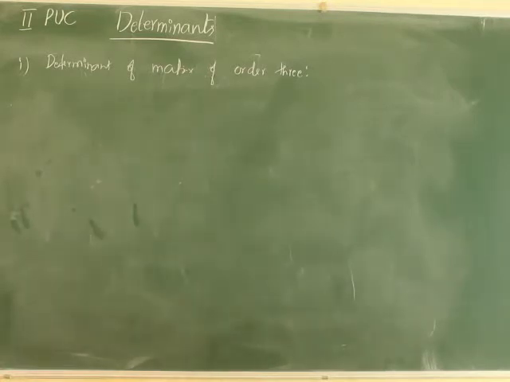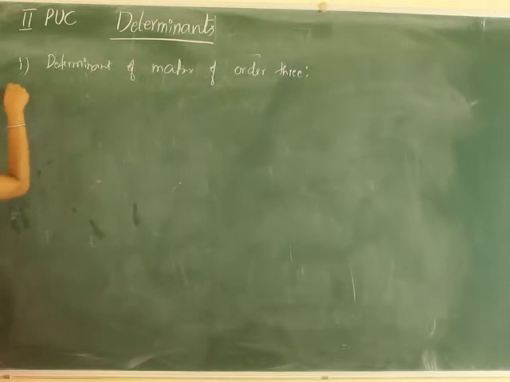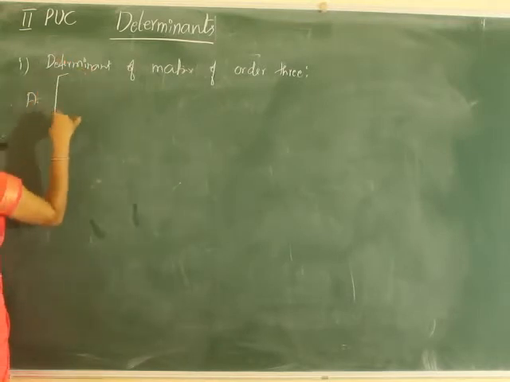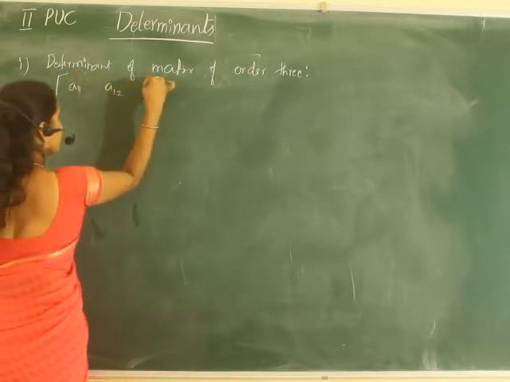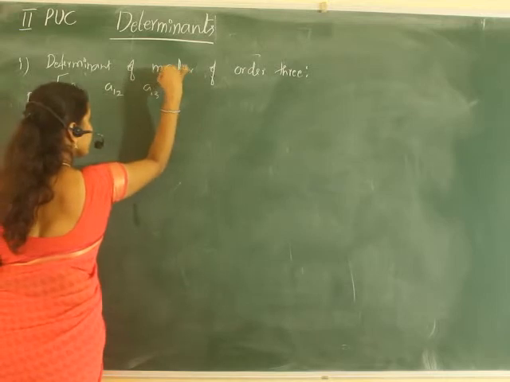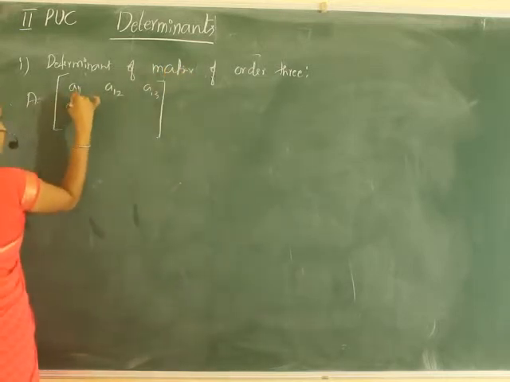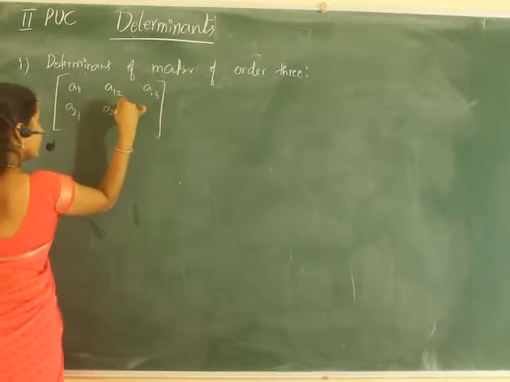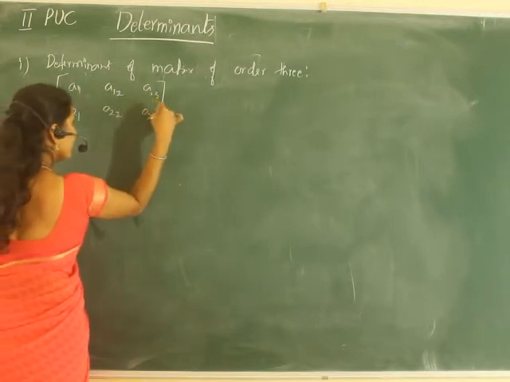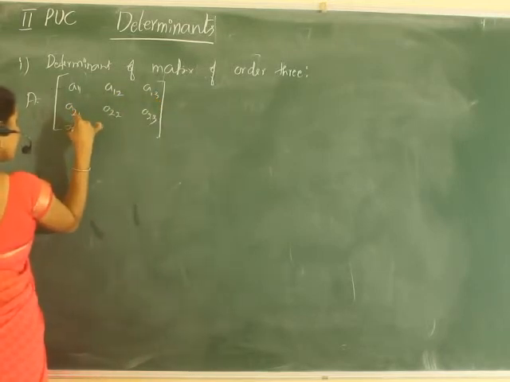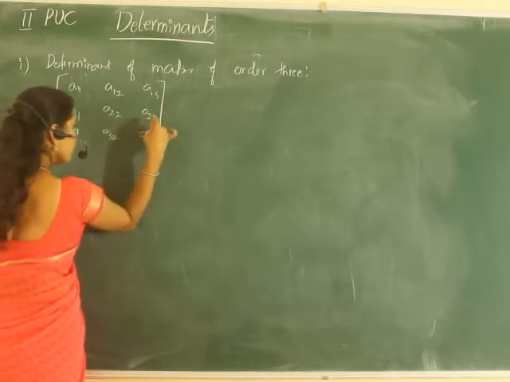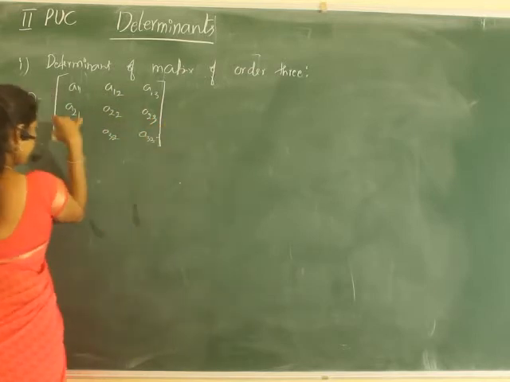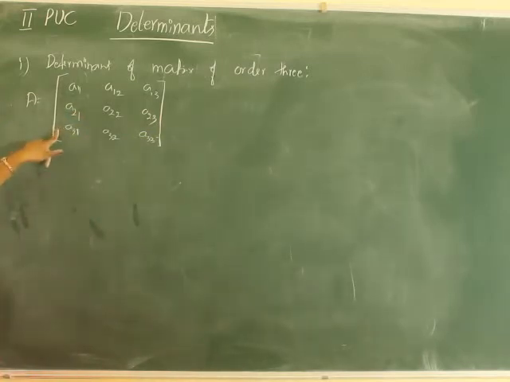So how to expand? Consider a matrix A equal to A11, A12, A13, A21, A22, A23, A31, A32, A33. So this is the given matrix.